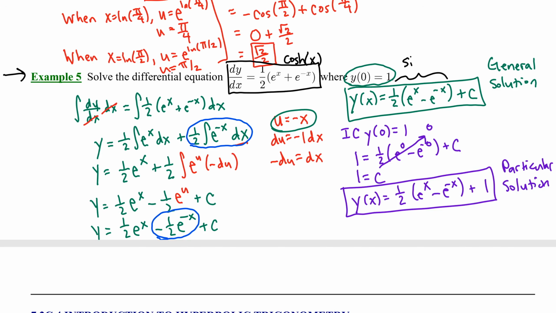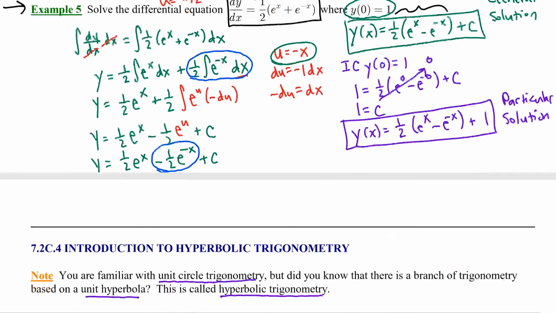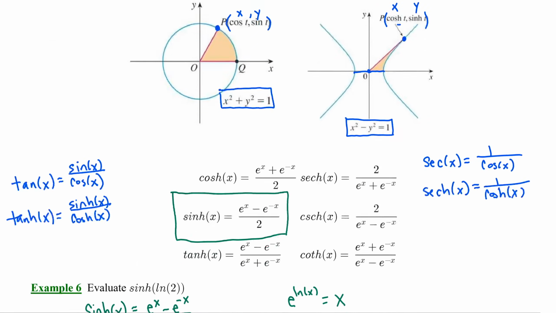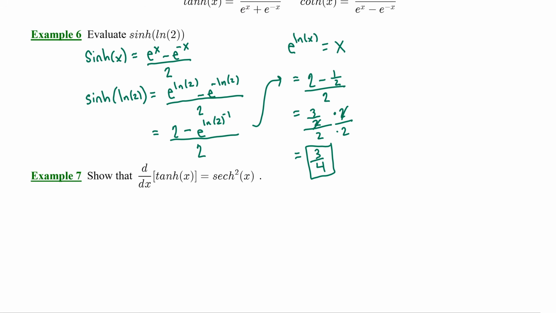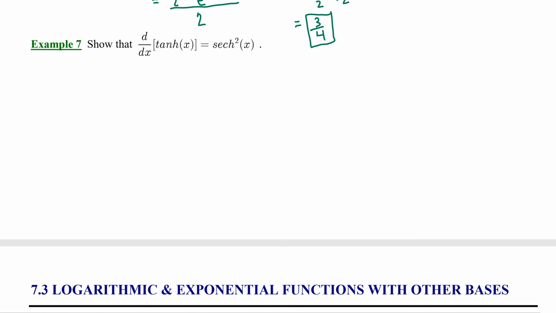This is the exponential form of hyperbolic sine of x. So what we can learn from example 5 is that the derivative of hyperbolic sine of x equals hyperbolic cosine of x. Now think about it. The derivative of ordinary sine of x is ordinary cosine of x. So even the derivative and integral relationships between our hyperbolic trig functions will be not exactly the same as, but similar to our ordinary trig functions.